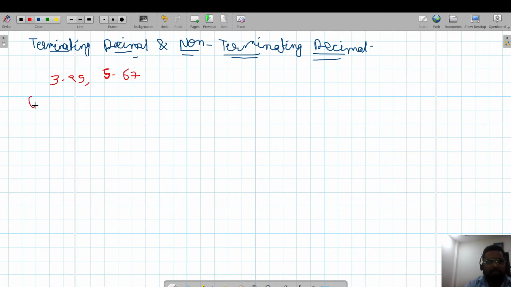So what is a terminating decimal? I'm writing it in short as TD, terminating decimal. A terminating decimal number is a decimal number which ends at a certain point.